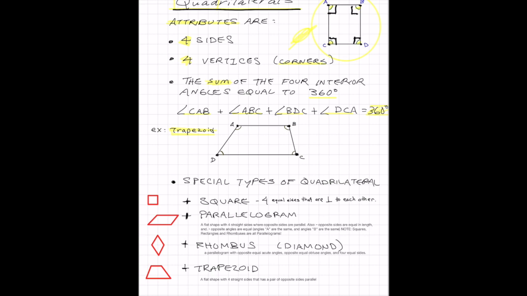So all those sides are perpendicular. However, on the trapezoid, there are no perpendicular angles on the vertex points. So none of these are perpendicular.